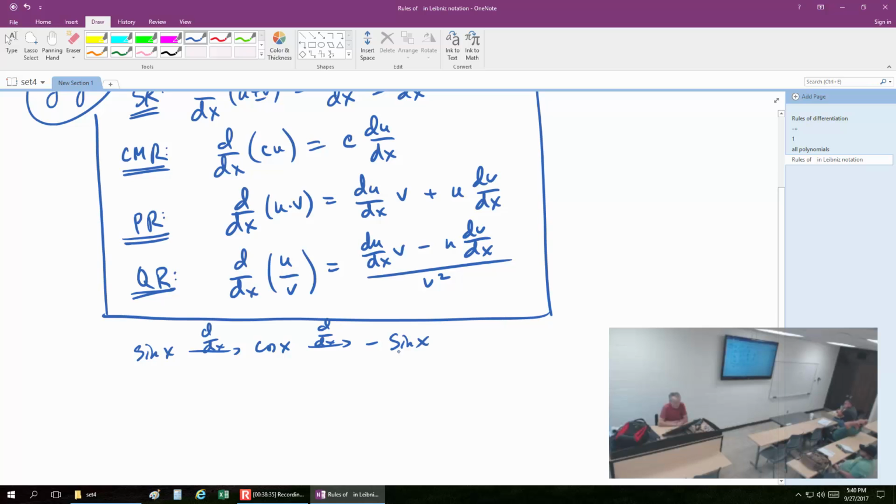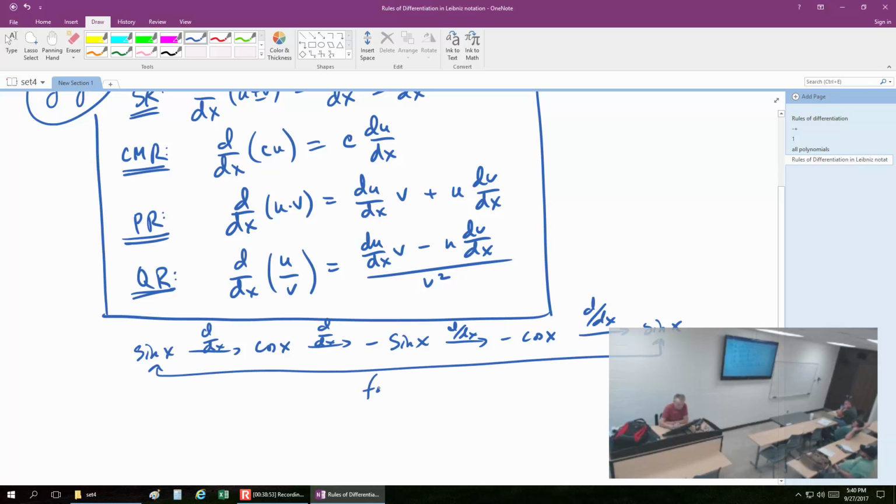Let's differentiate one more time: we'll have negative cosine x. And what's the next one? Sine x again. So a full circle. Differentiation is allowed to continue as long as the function is still differentiable.